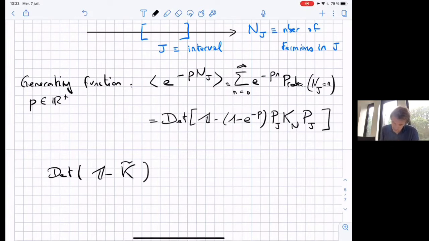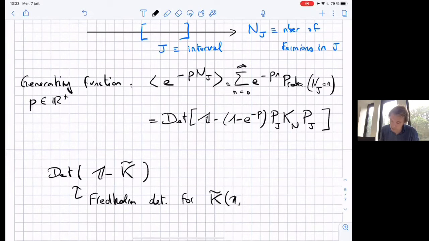Okay, so that's a Fredholm determinant that I constructed for some operator k tilde. So k tilde is like a matrix, but with continuous indices, if you want. Okay, so that's an operator k tilde of xy.